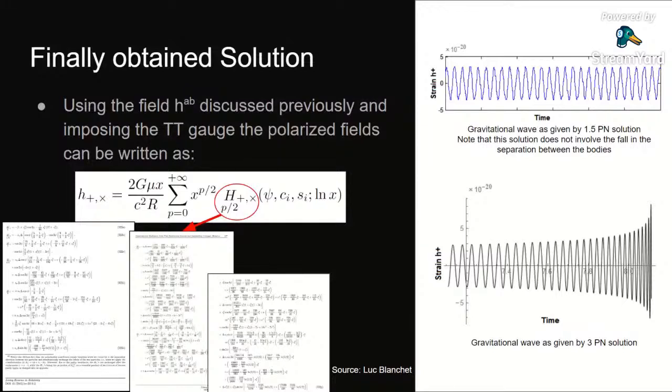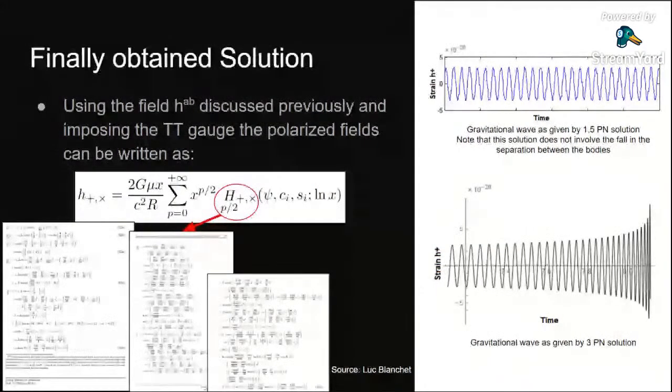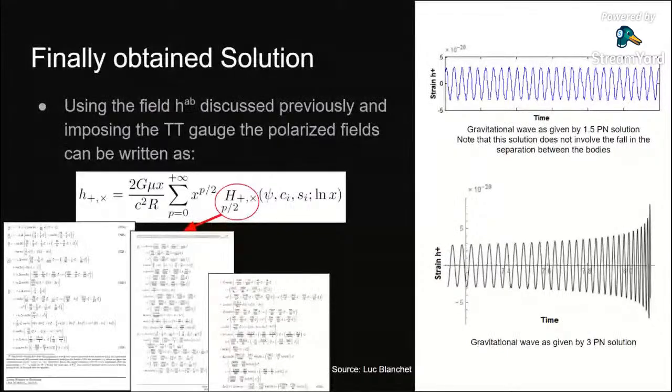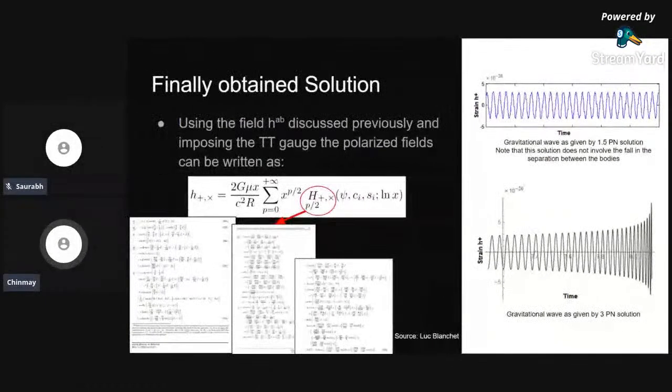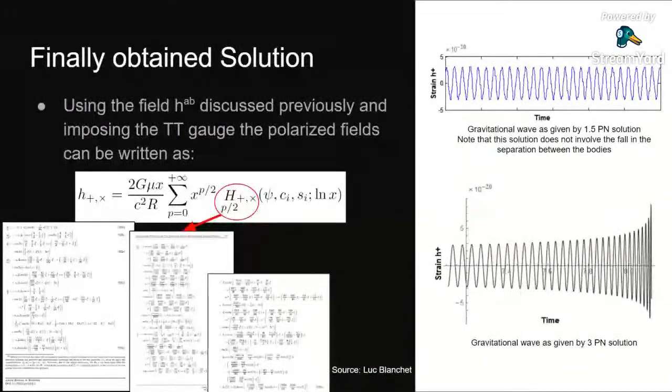Now this extent, or the amplitude of this strain, increases even further, but that information is not there in the first 1.5 order PN solution. That information is only obtained from 2.5 order onwards.